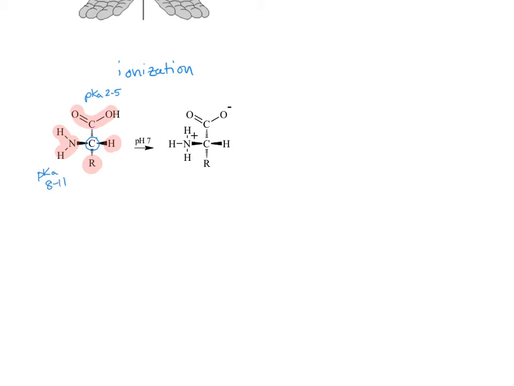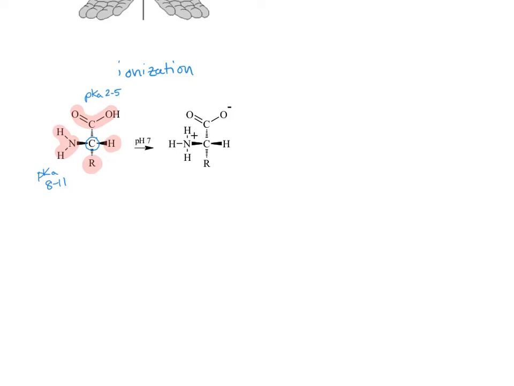Now, take a look at pH 7 and remember the rules we used. If pH 7 is greater than the pKa, or on the basic side, as it is for the carboxylic acid, we're going to have that functional group in the basic form. That means the deprotonated carboxylate that we see right here.